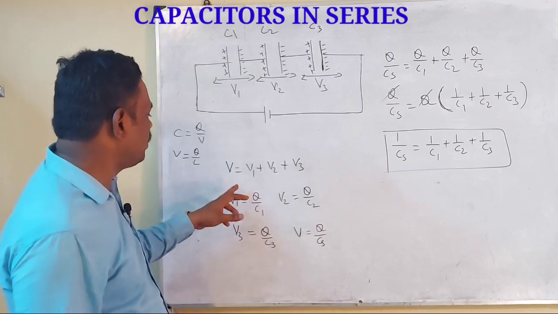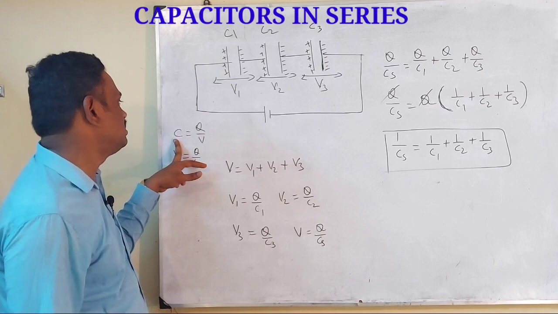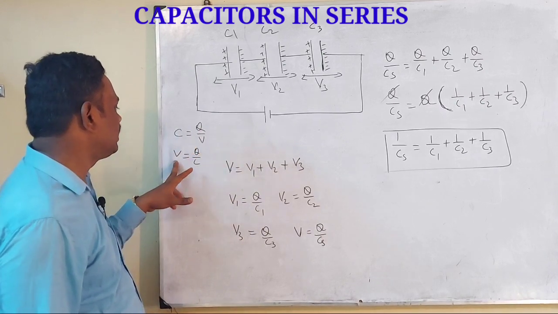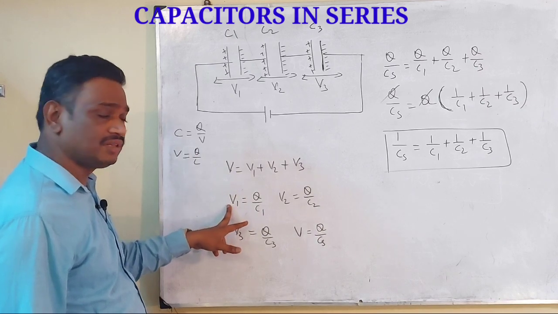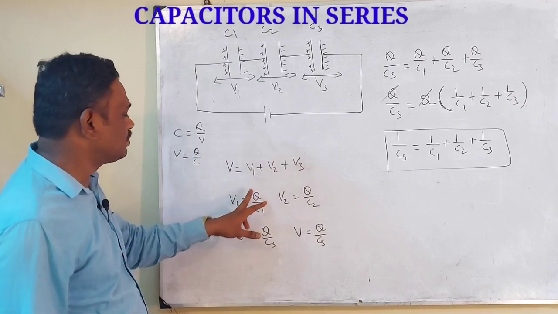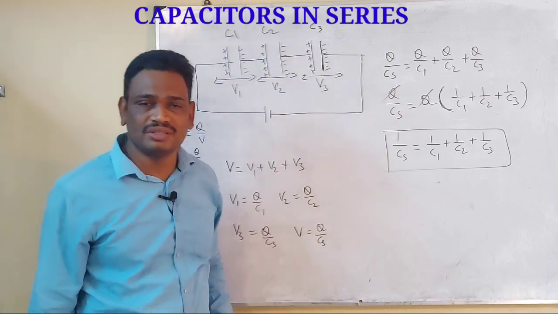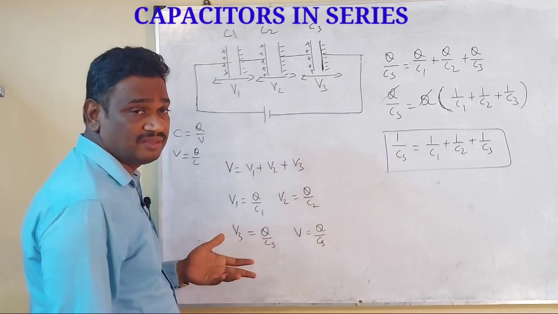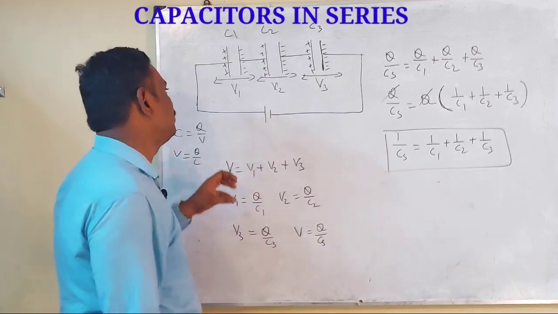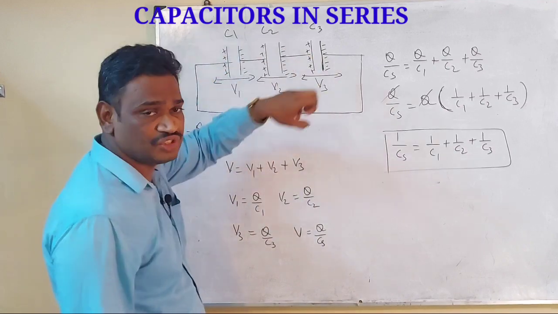In this case, by using the capacitance of a capacitor, we can write C is equal to Q by V. When you rearrange for V, we get Q by C. So for V1, we use Q by C1. The charge Q on each capacitor is the same, so I am using Q and not putting any symbols like Q1, Q2, because Q is the same on each capacitor.